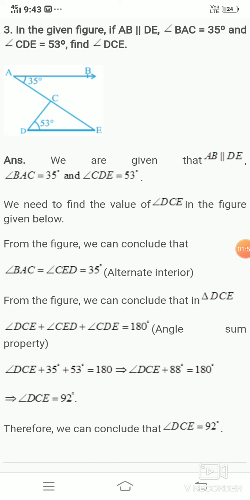So now we have two angles, and using the sum of the interior angles of a triangle, we can find the third angle.